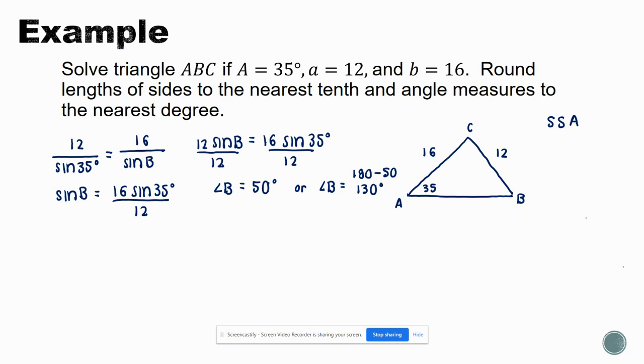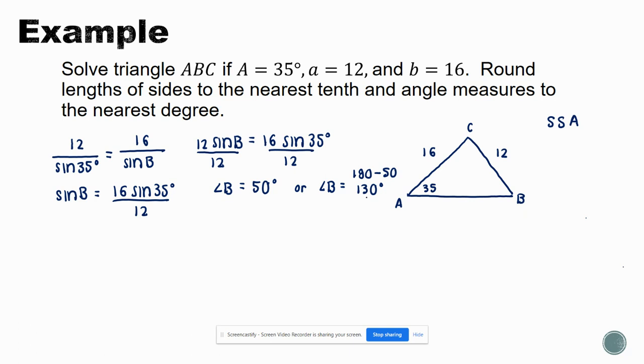Going back to the original triangle, if my angle A is 35 and we got angle B to be 50, obviously those two will add up to something less than 180, and so we will be able to find our third angle of the triangle. So that's the same thought process that I want to use with this obtuse angle.